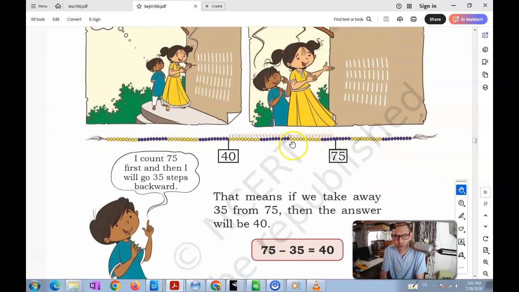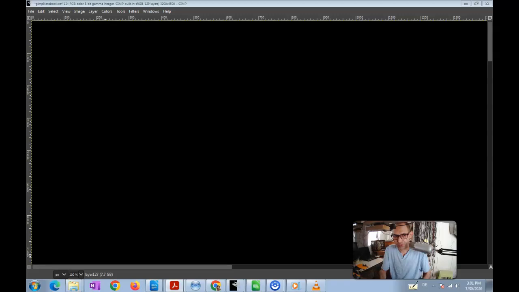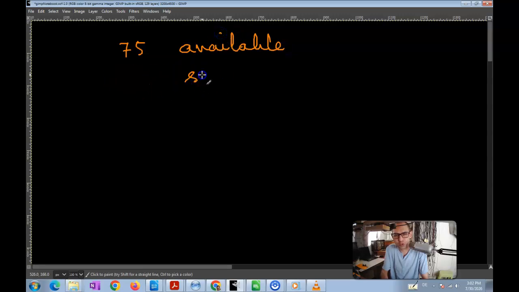Another way is to do subtraction on a Ginladi, and you can even do it on your blocks. For example, you had 75 diyas available, and you sold 35 of them, right?